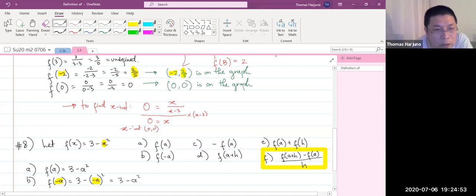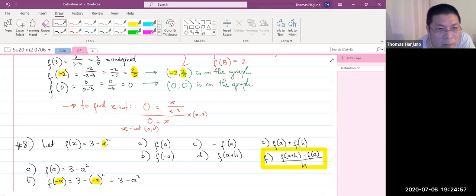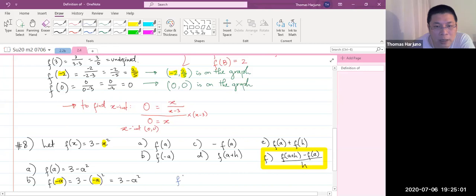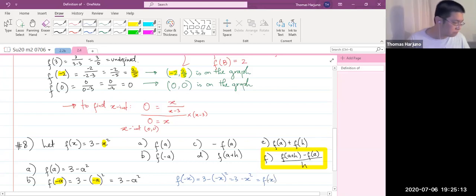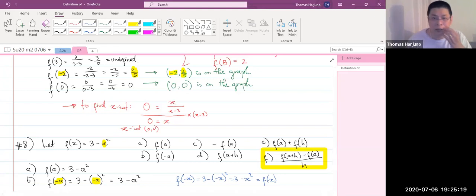Oh, by the way, from here you notice that when I replace x by negative x, I get the same function as the one we had originally. Then this function has y-axis symmetry.